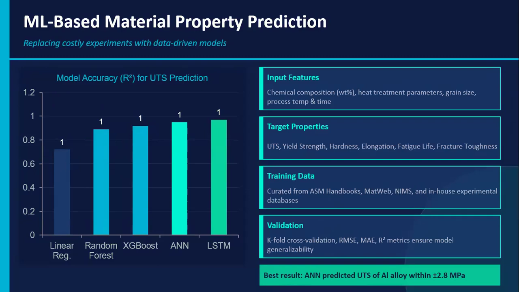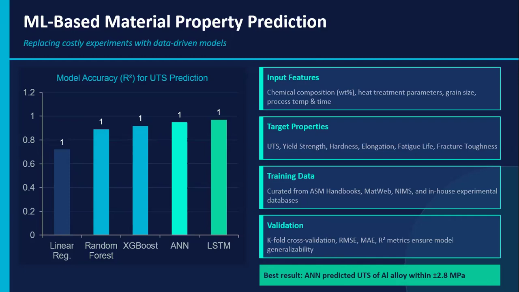Let us now see machine learning based material property prediction. Machine learning models can predict material properties using existing experimental data. Input features may include chemical composition, grain size, heat treatment conditions, and processing parameters. Output can be tensile strength, hardness, fatigue life, or fracture toughness.